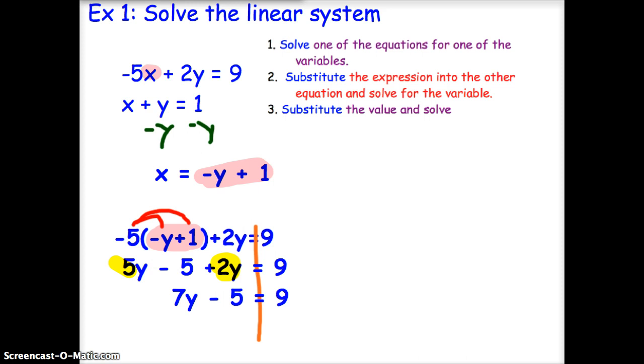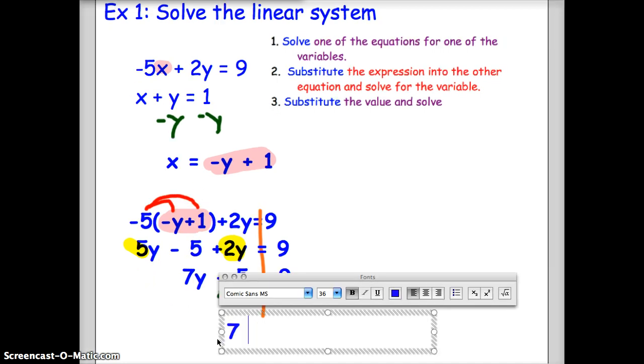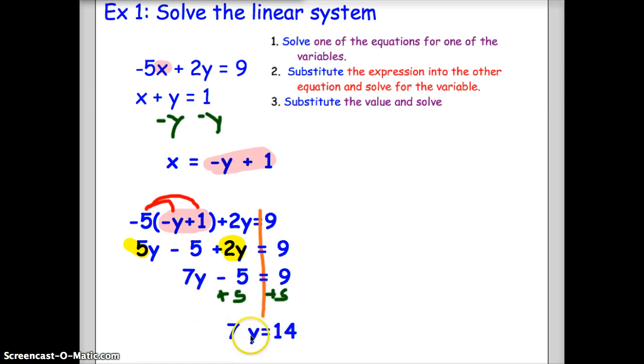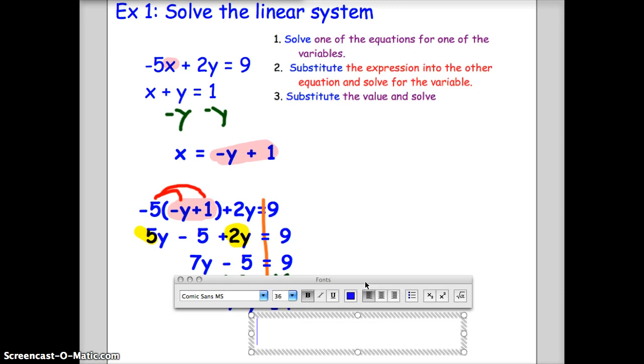To get rid of subtracting 5, I'm going to add 5 to each side, leaving me with 7y equals 14. And dividing both sides by 7, we end up with y equals 2.